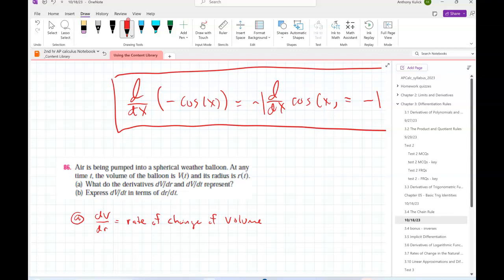The V is for volume, so dV/dr is the rate of change of the volume of the balloon with respect to the radius of the balloon. So it's basically looking at how the volume is changing as the radius either grows or shrinks, right?